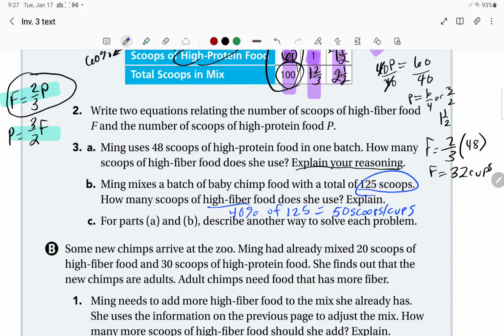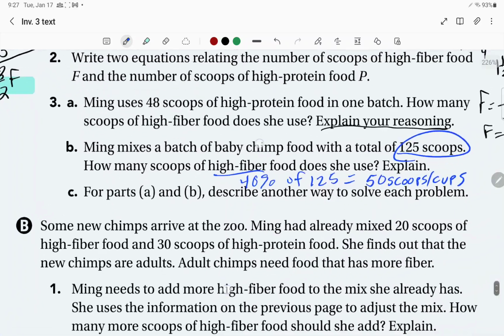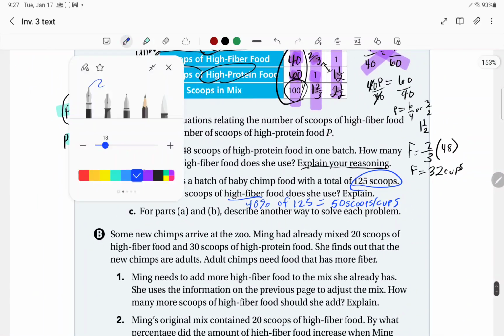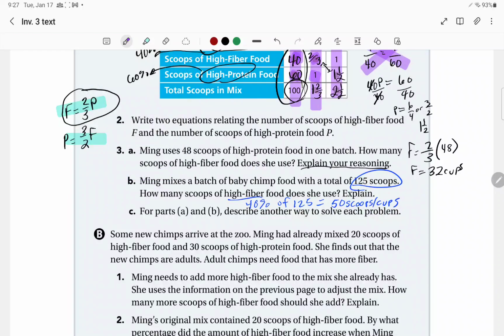And then part C, what's another way to solve these problems? Well, you could set up proportions. Like if we set up proportions for, let's take, for example, this first one. Let's say we didn't have the equations. Well, we could set up a proportion, because if we know we're using 48 scoops of high protein, which makes up 60% of their diet, how many scoops of high fiber? Well, we don't know what this is, but we know that it makes up 40%.